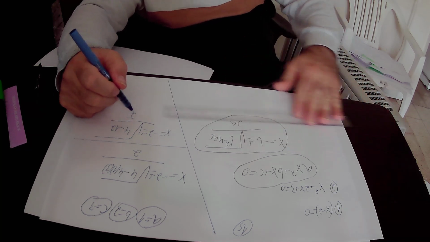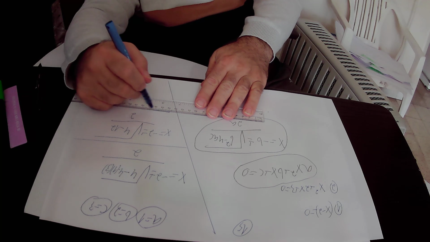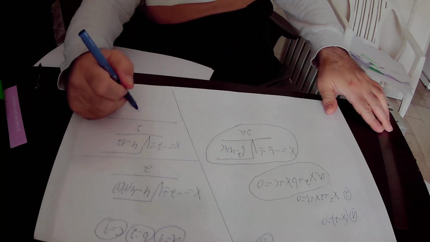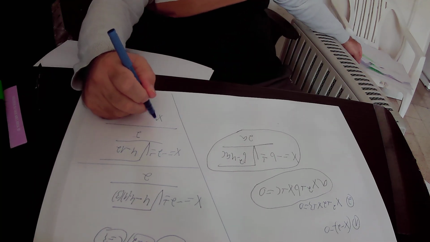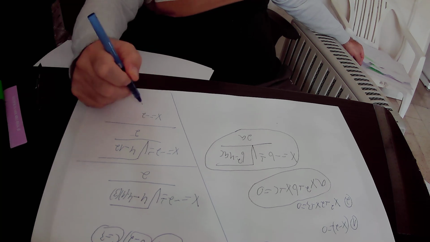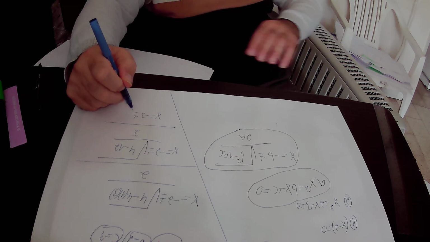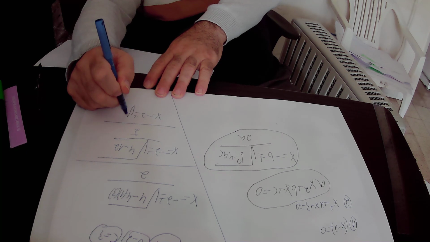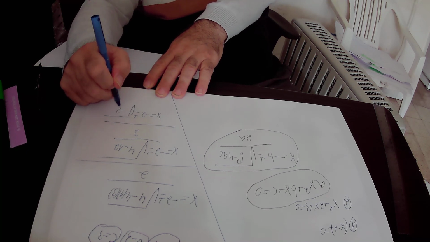Okay, so we found that x, the variable we are looking for, equals minus 2 plus or minus the square root of 4 minus 12, which is minus 8.